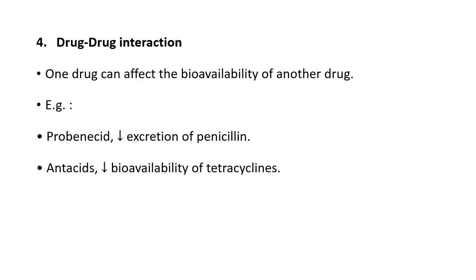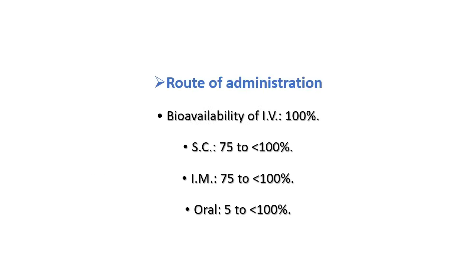Next factor is drug-to-drug interaction. One drug can affect the bioavailability of another drug. So, when you take two drugs at a time, drug-to-drug interaction is seen. Example is probenecid decreases excretion of penicillin, and antacids decrease bioavailability of tetracyclines.